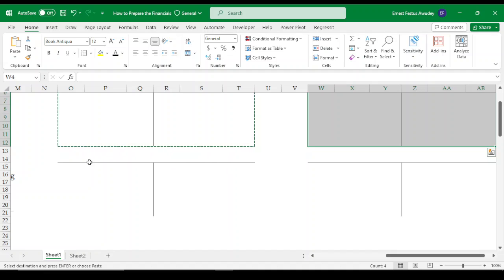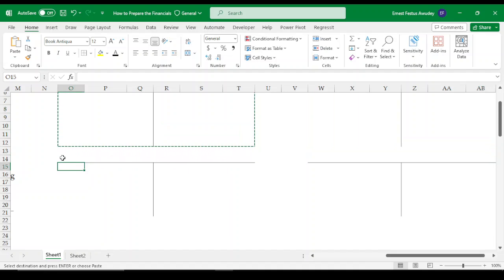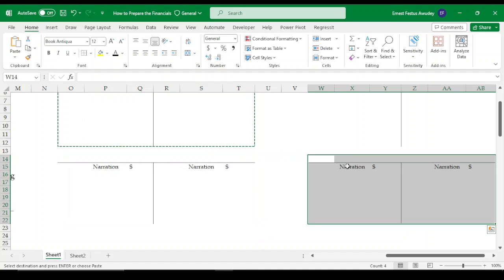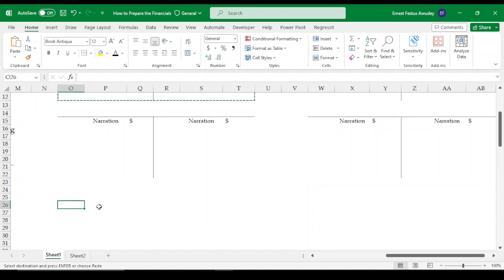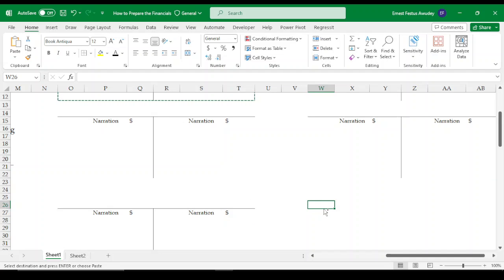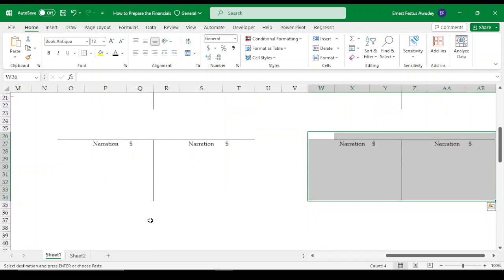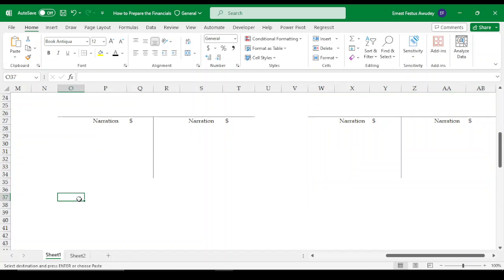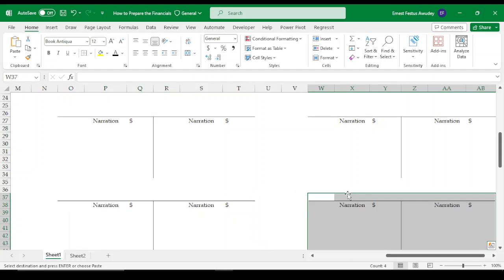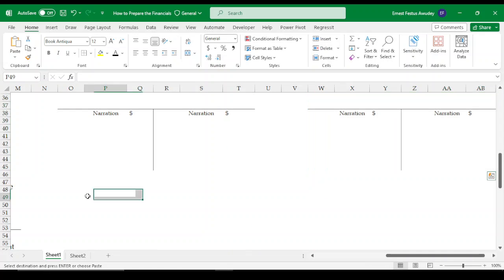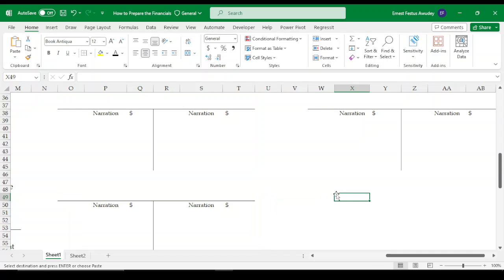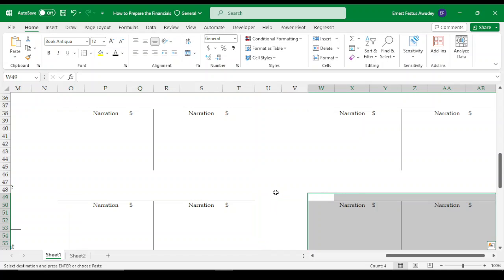I'll come here and paste here as well, come down and paste, come down and paste, and do a last two here.